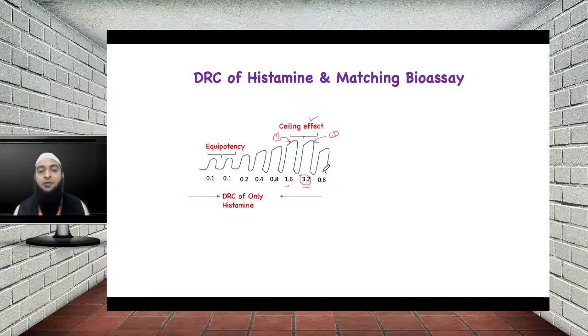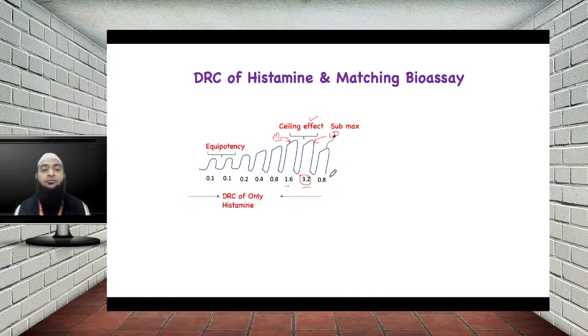If the height of this 0.8 ml and this 0.8 ml is the same, that indicates that your tissue is still stable, because at the submax dose before the ceiling effect and after the ceiling effect the height is still the same. This clearly indicates that your tissue is still stable and giving reproducible responses.